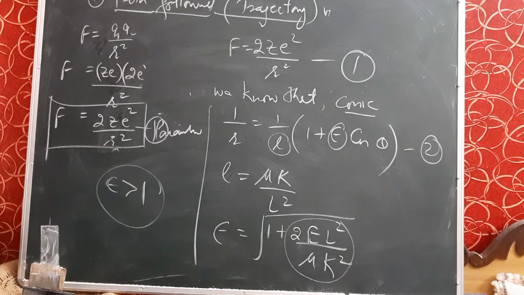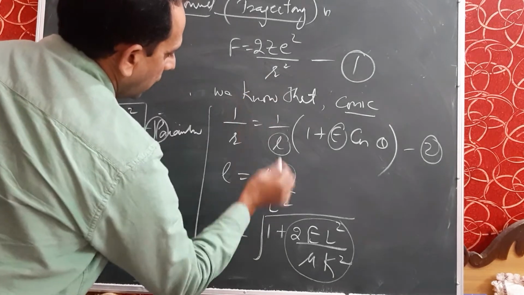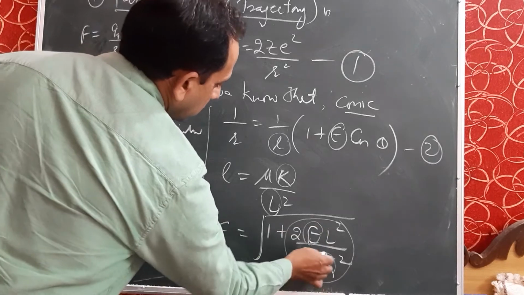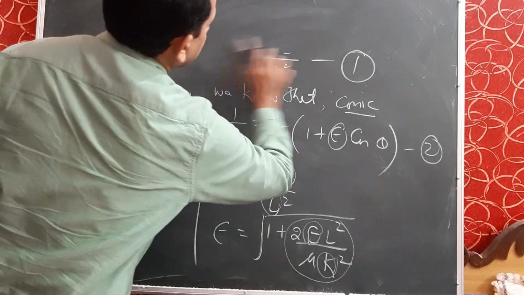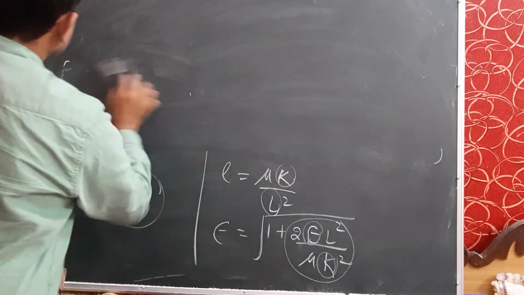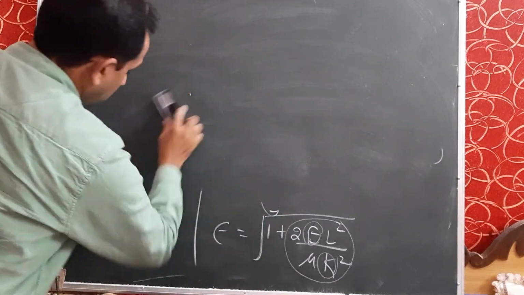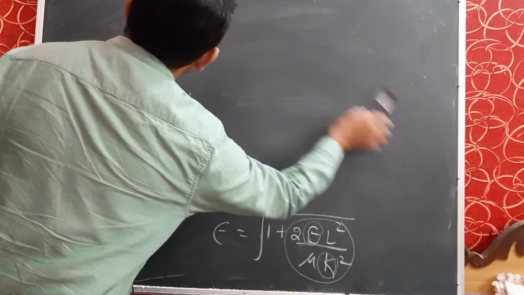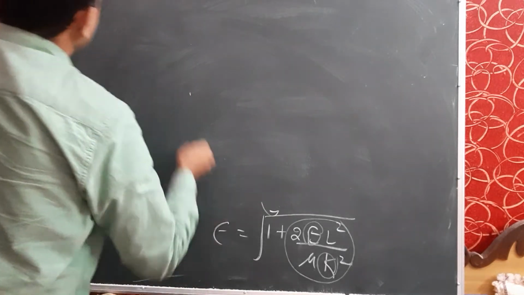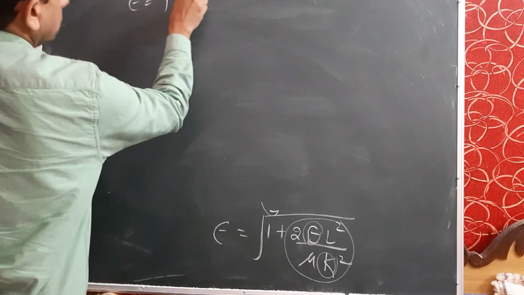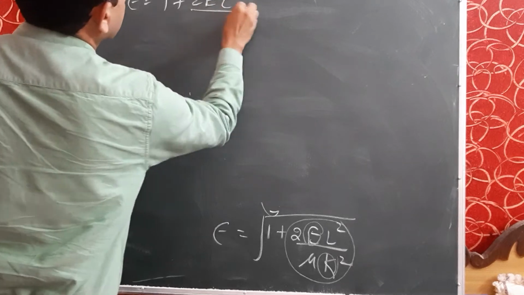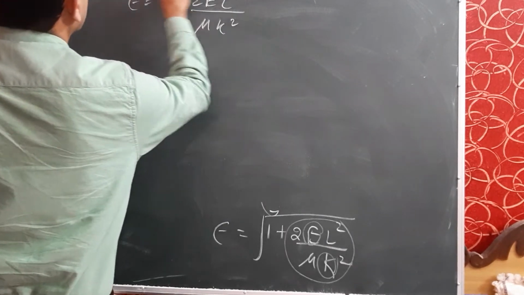So how can we prove it? We prove it by using the values of k and L in the value of eccentricity. Our next part deals only with this eccentricity, the term square root of 1 plus 2E L square over mu k square.